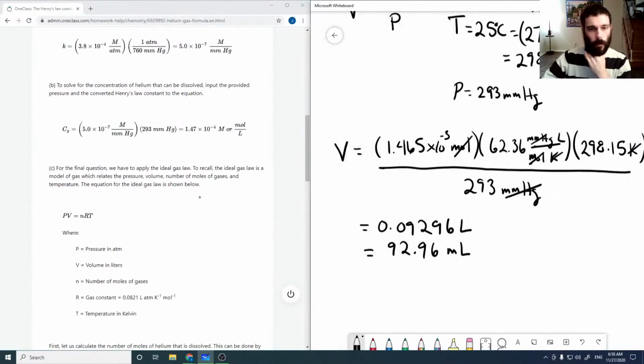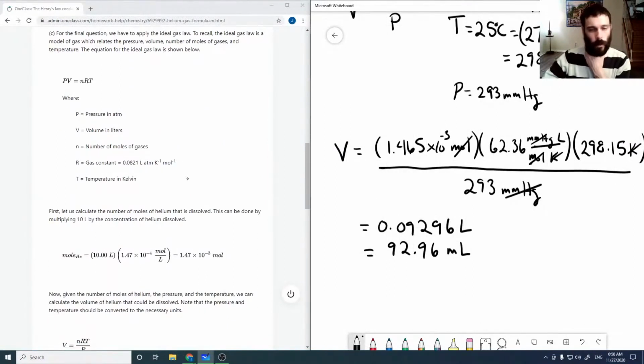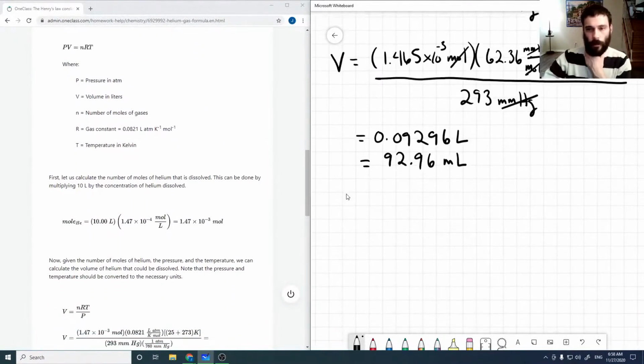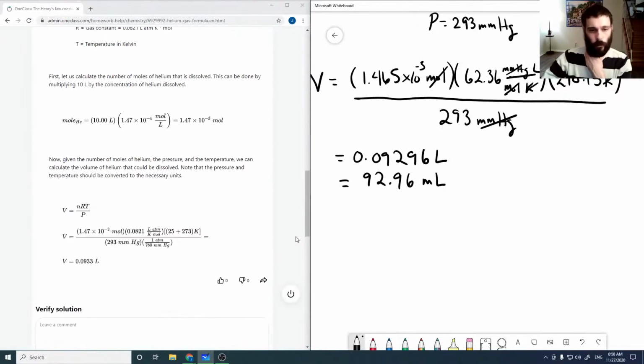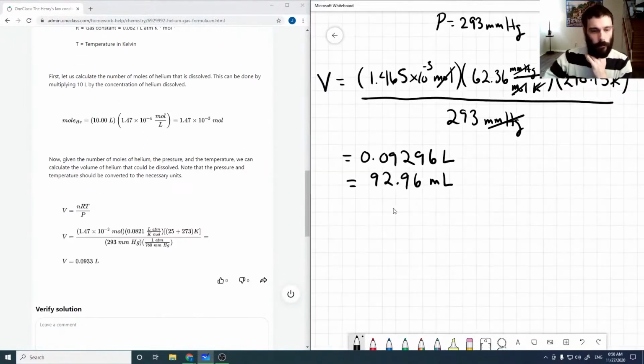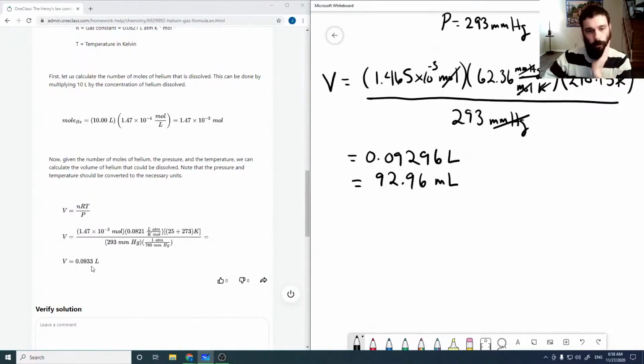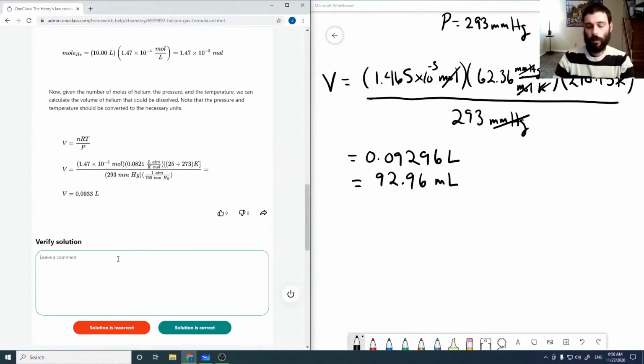And then running through this, we use the ideal gas law, which gives us 0.0933 liters, or about 93 milliliters. So it looks good. That would be just a difference in rounding, so the solution is correct.